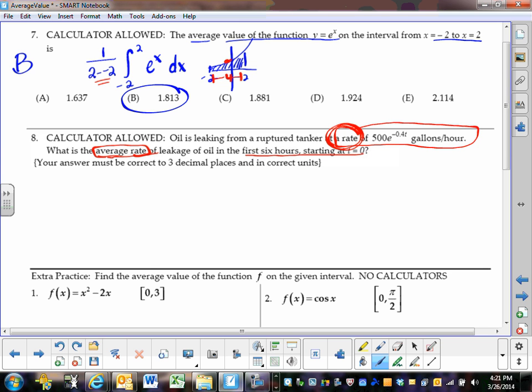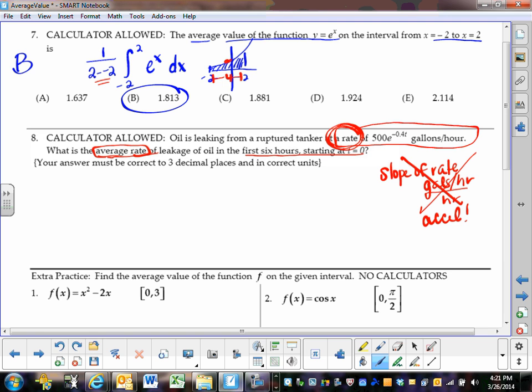So what you want to think about on this is if we do the slope of a rate, we're going to end up with gallons per hour divided by hours. We don't want that. That would be acceleration. We don't want gallons per hour squared. We want the average rate.